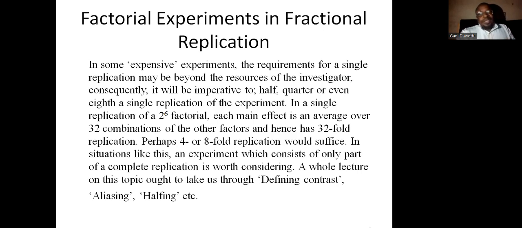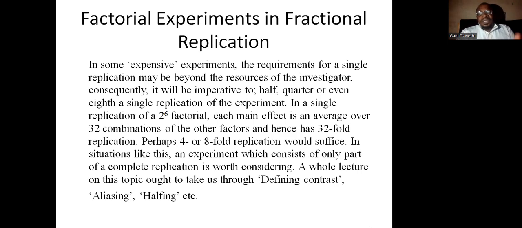Sometimes the researcher or investigator is not all that capable, or the requirements for the experiment at hand may be far too expensive to bear. And then replications will be quite impossible.